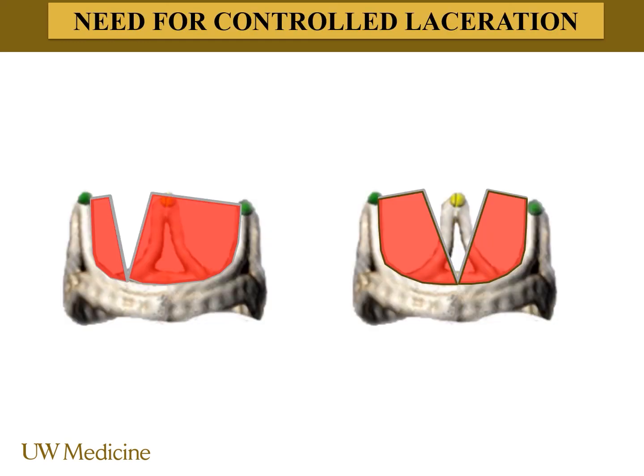Here you can see also the need for a controlled laceration. Obviously, you want to make sure that you get a nice vertical laceration, so you're basically able to impart the opportunity for the coronary to get the maximum amount of flow at the end of the procedure.